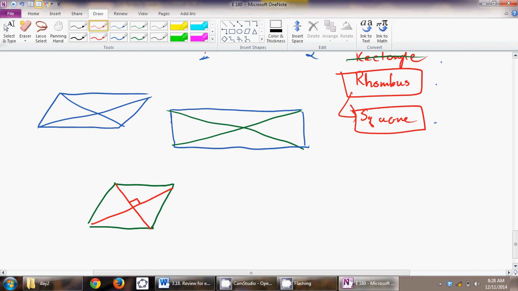It's both a rectangle and a rhombus. And I can kind of show you. Here's my equilateral parallelogram, a rhombus, and then it's also a rectangle. It's also equiangular. And in this shape, the diagonals certainly are perpendicular.